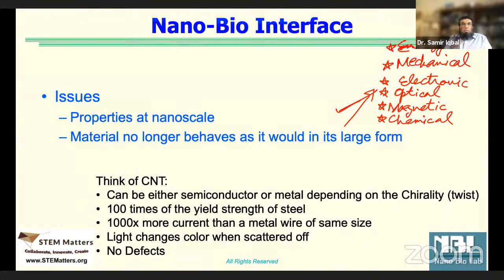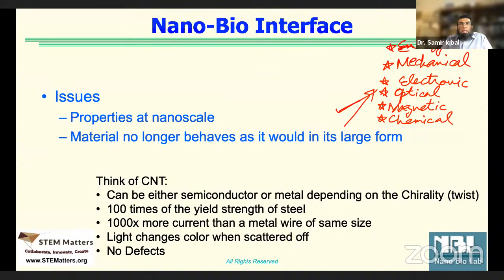For example, for CNT, they have a very small curvature and very high surface to area ratio, which makes them very reactive. But on the bio side, you have molecules which have their own size, their own reactive area, and we'll talk of some of those things today.